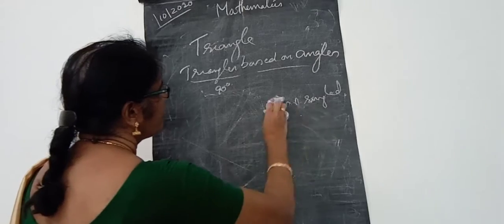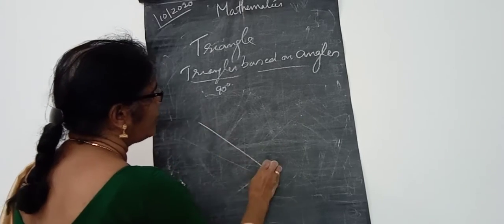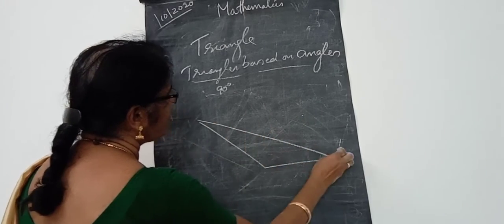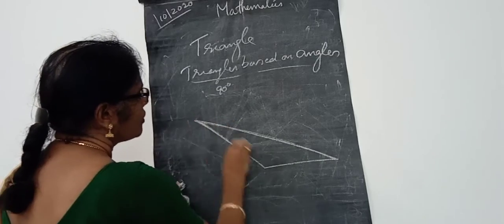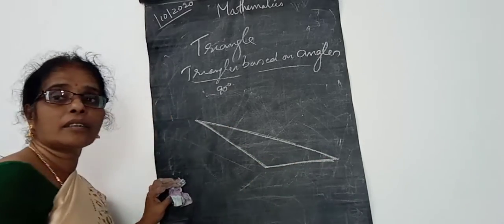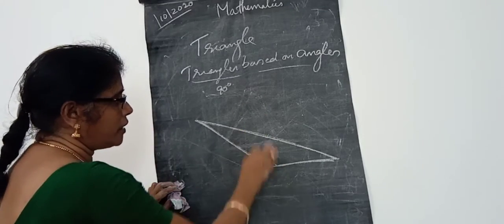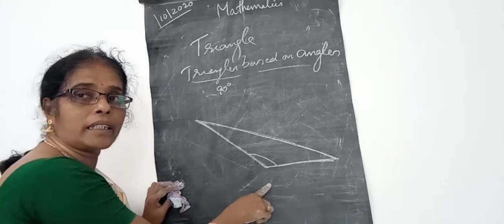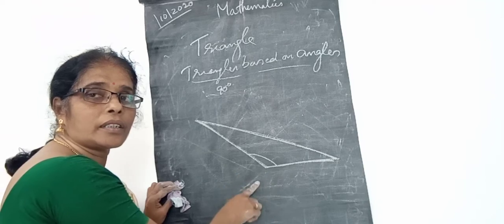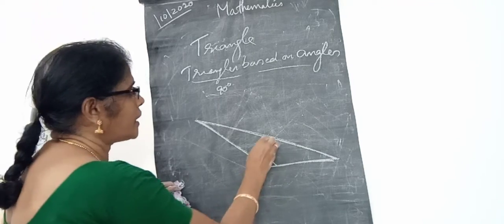And the third one, look here. What type of triangle is this, or what type of angle is this? Obtuse angle, isn't it? This one is more than 90 degrees, so this is the obtuse angled triangle.